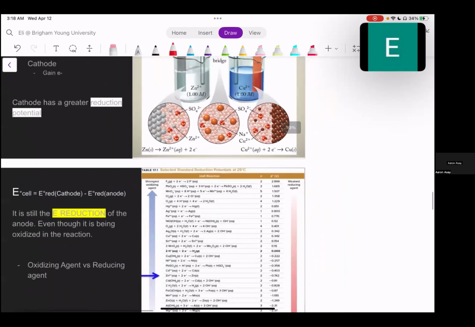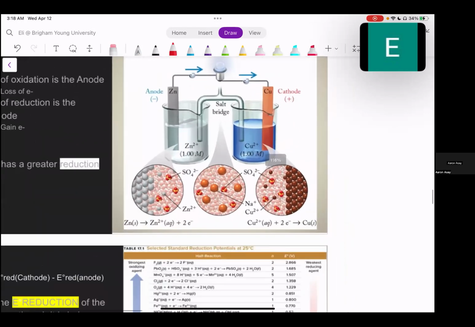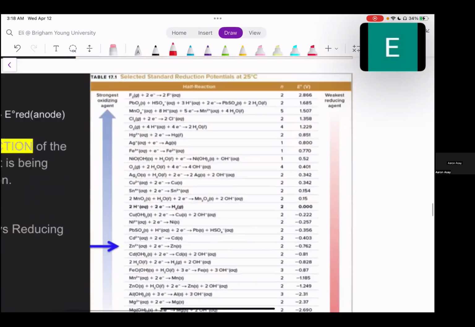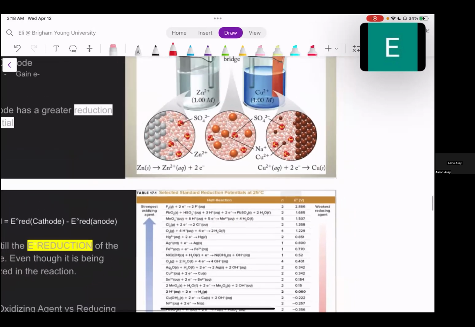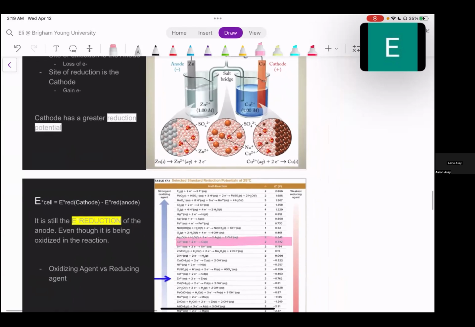So if we're looking at this example over here, we see we have copper. So let me try to get both of these in the frame here. So we have copper, Cu2+, plus 2 electrons going to solid copper.